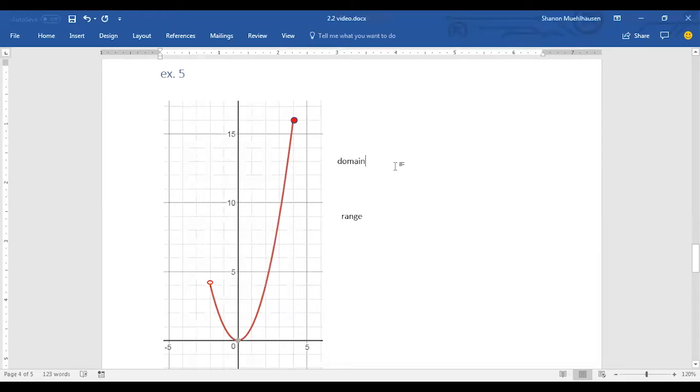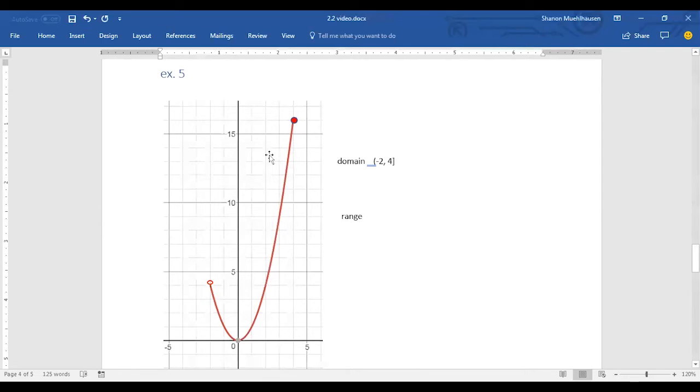So when we talk about the domain, we're talking about left to right. I can see this graph goes to -2. But that open circle says it does not touch the -2, so we'll use a round parenthesis at -2. That's how far left the graph goes. How far right does the graph go? We can see that the graph goes all the way to the value 4, which it does touch.